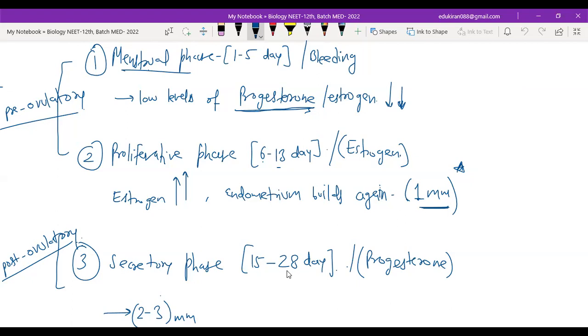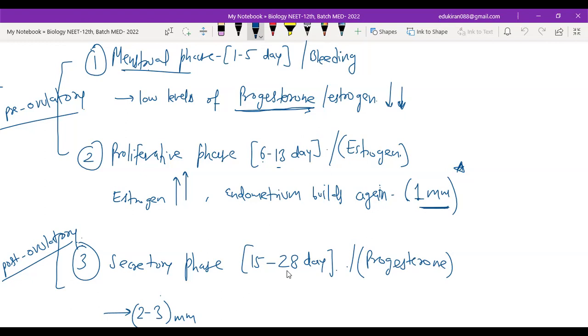So now you think the ovary is doing something separately of its own, which was the ovarian cycle. NCERT just clubs both of these together under menstrual cycle as a heading, which I found students also find confusing. So I split it into two and explain it likewise. Is it clear? Yes, sir.